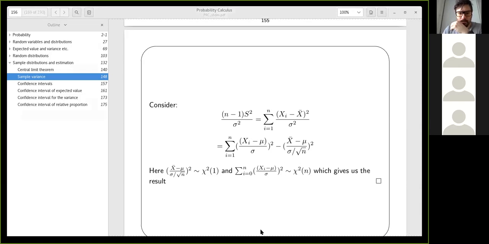Oh, there is still 1 missing. I think it was used here that these are N(0,1) distributed variables. There are n of these, and then 1 is subtracted. Then this gives us the result.